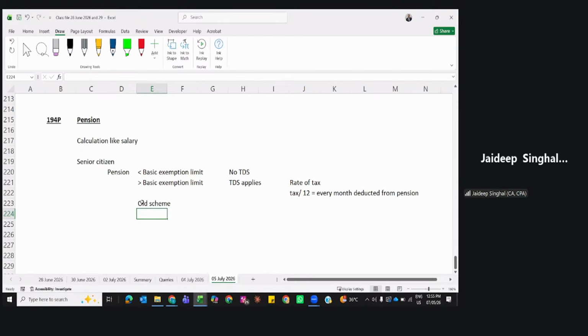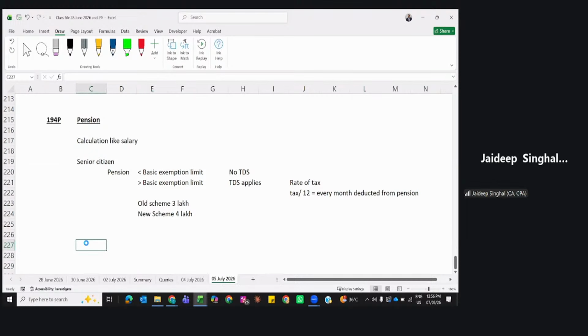We are talking about senior citizens, so the limit is 3 lakhs. In case of the new scheme, what is the limit? Is there any differentiation of senior and non-senior in the new scheme? The answer is no. It is 4 lakh. So if the pension is greater than this, then only the TDS applies, otherwise no.